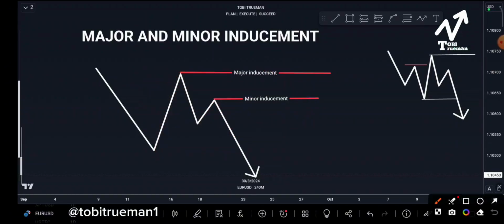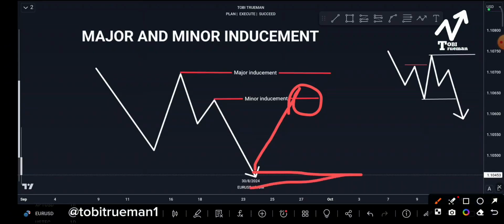What I'm trying to talk about is this high point can be our inducement, but between this high point and this low point, we now have another pullback here. This is also called minor inducement. So what we want is for price to make a pullback and get to this minor inducement. If it gives us our entry to sell downward, we'll take the trade and sell downward.